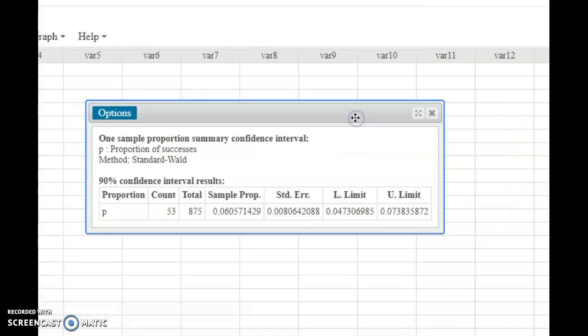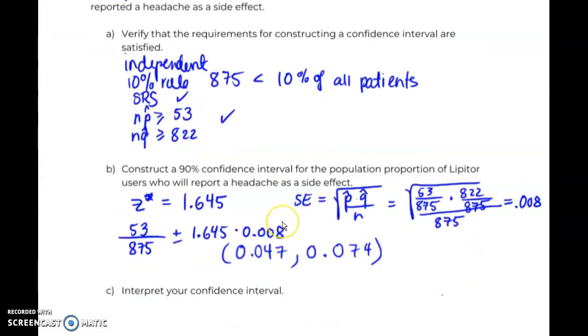It gives us our standard error of 0.008, just like we calculated it. It tells us our sample proportion of 0.06, and it gives us the lower limit of 0.047 and the upper limit of 0.074, just like we found when we did it manually.